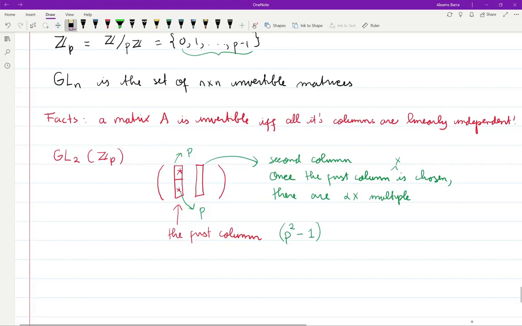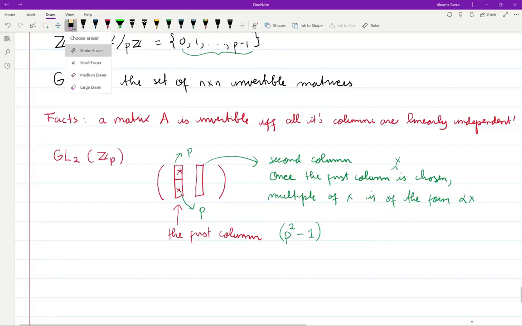What I'm trying to say is, a multiple of x is of the form alpha x, where alpha can be any scalar from 0 to p minus 1, because we are in ZP, where alpha is in ZP.